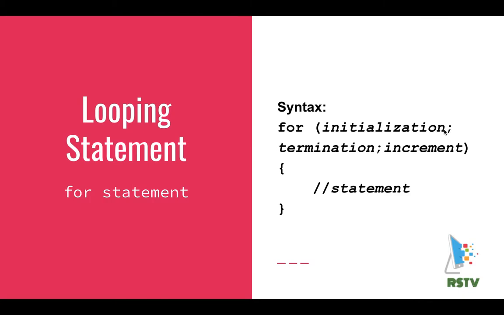Here the two semicolons inside should be included. If the termination part mentions a condition, based on that condition only this statement part will execute. We'll see one example program for clear understanding.